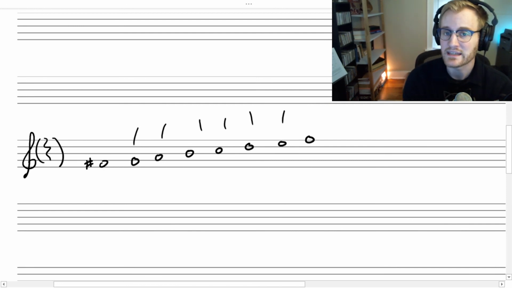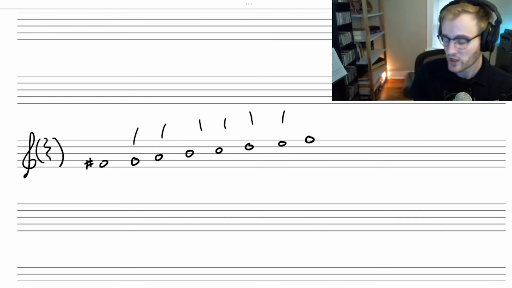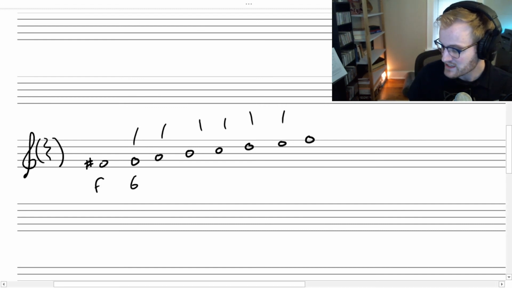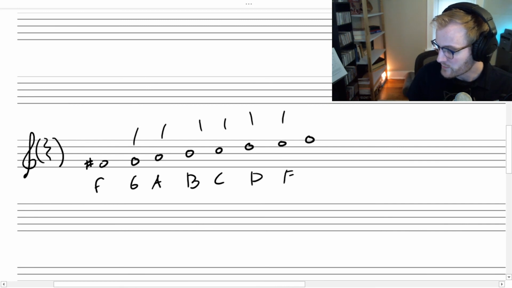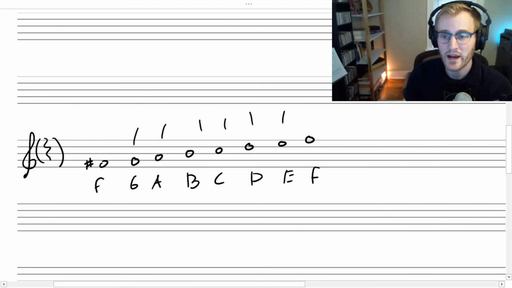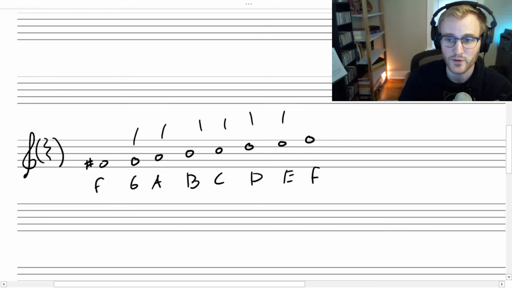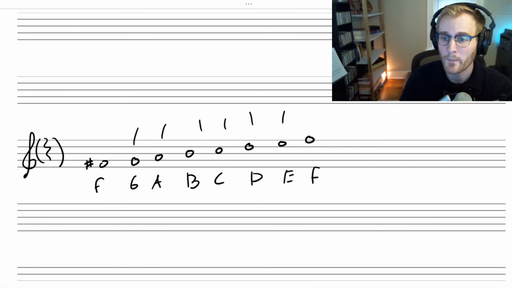The point I'm making is that every single major scale will still include representations from every single letter of the musical alphabet. You will never write a major scale, and as we will talk about in the near future, a minor scale, where you are missing a letter or include a letter twice.